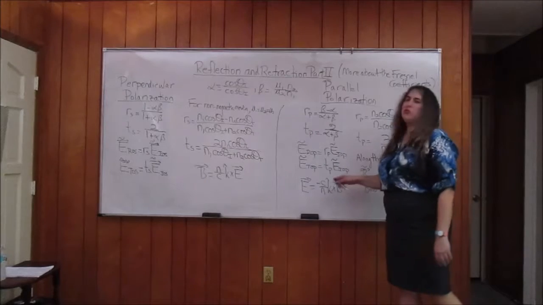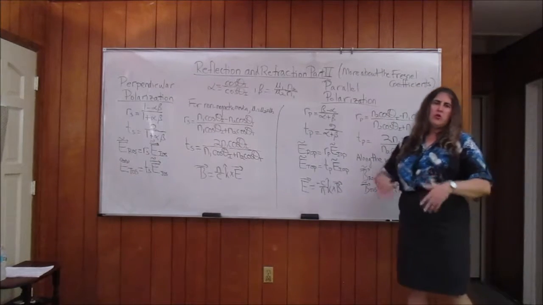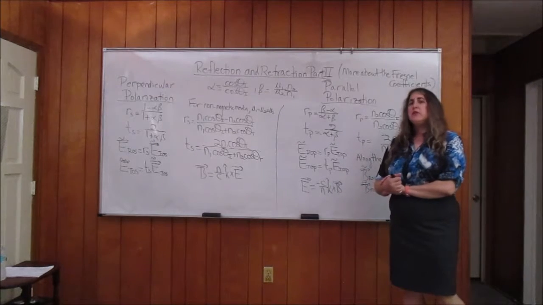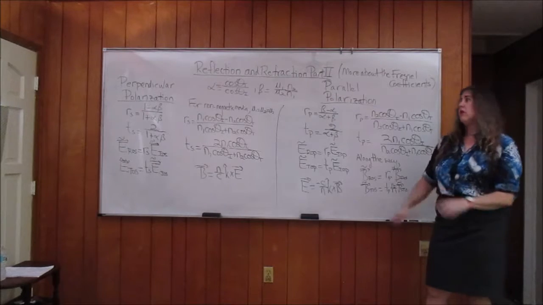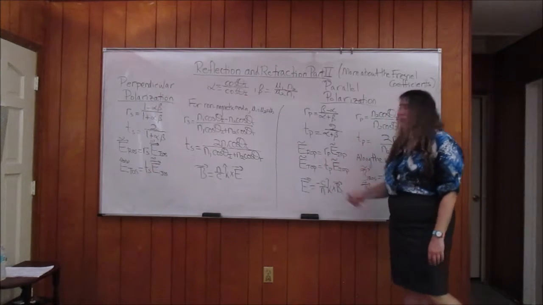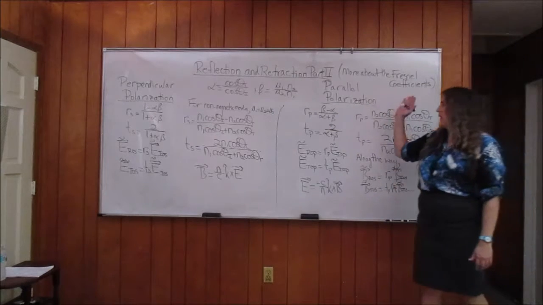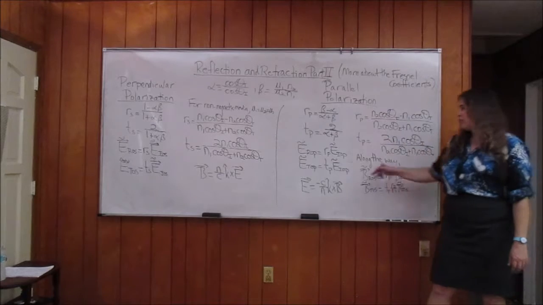So that means the magnetic fields due to the reflected and transmitted waves can only point in one of two directions. They're either going to point out of the board, or they're going to point into the board. However, the electric field is now free to point over a range of values in the plane of incidence. So that's why you can't write this.